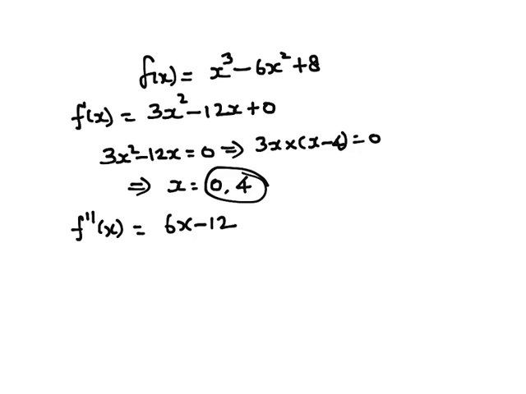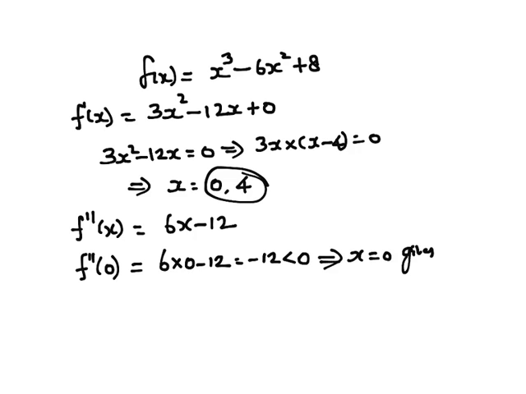So how do we find out? Very simple. You substitute these stationary points in the second derivative. First let me substitute 0. So f double dash of 0 equals 6 into 0 minus 12, which is minus 12, negative. Which means the second derivative is negative, so x equal to 0 gives me a local maximum.